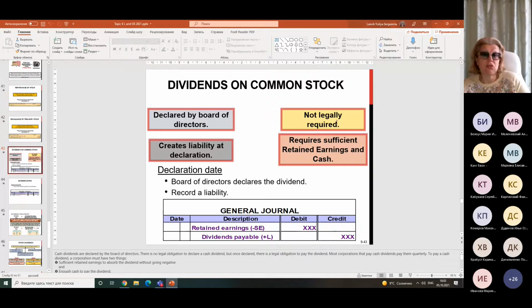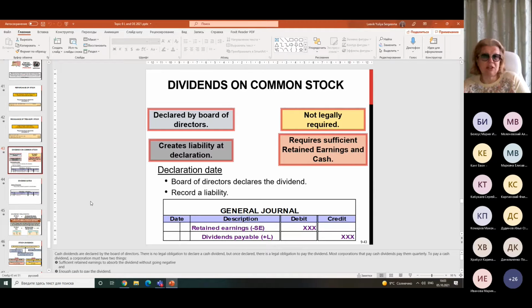So this is the decision of the board of directors at the end or after the end of the accounting period to distribute the net income between the owners of the business and the company itself. The declaration of dividends creates a liability at the date of declaration. And also we should understand that in order to pay dividends, the company must have sufficient retained earnings and cash.